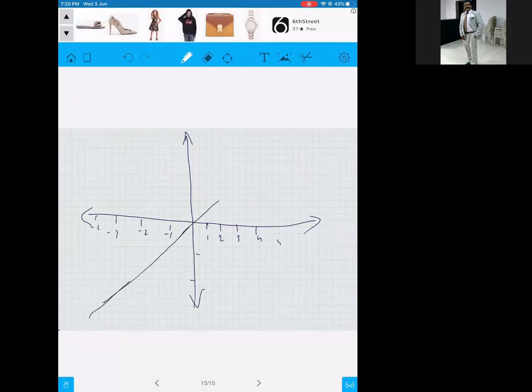So we are getting a straight line that is passing through the origin.